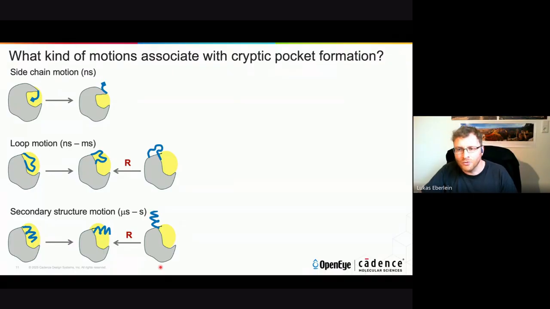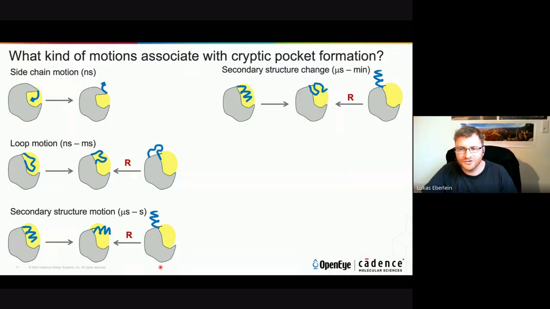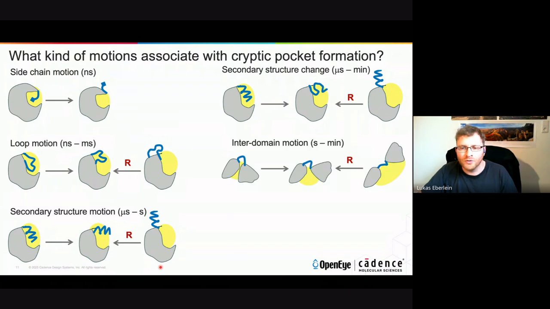There are even more complicated scenarios where you have a secondary structure that needs to change, and you go from an ordered to a disordered state, or maybe the reverse process, or maybe even really long timescale motions like interdomain motions, where you have two parts of a protein that may be tethered or not, and they either have to come apart or move together to expose a pocket.